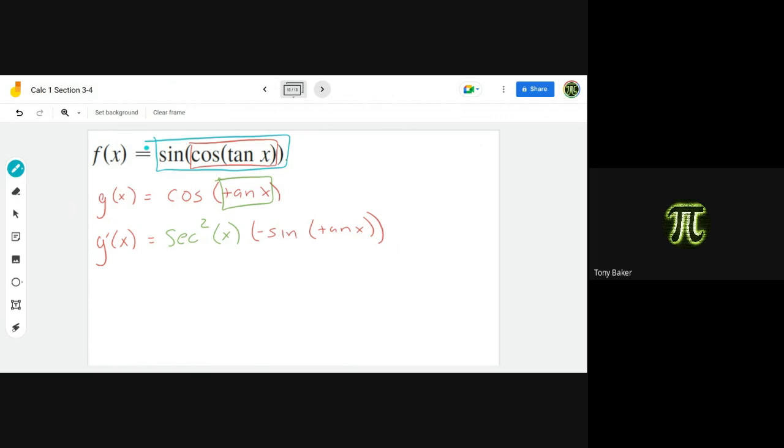What's the derivative of sine? Cosine. So f prime of x is the whole piece there. So secant squared x times negative sine tangent x times cosine tan.